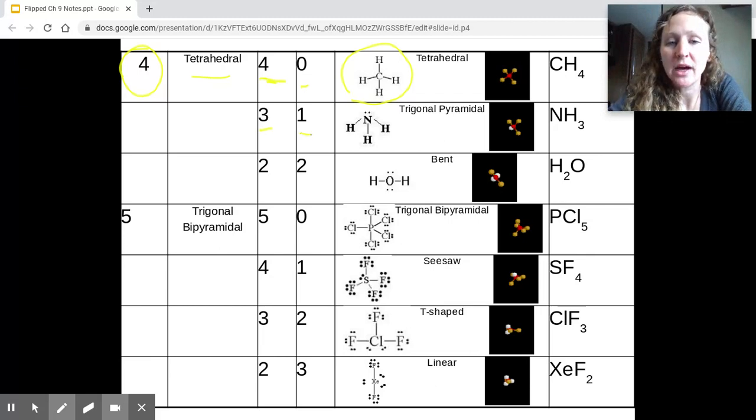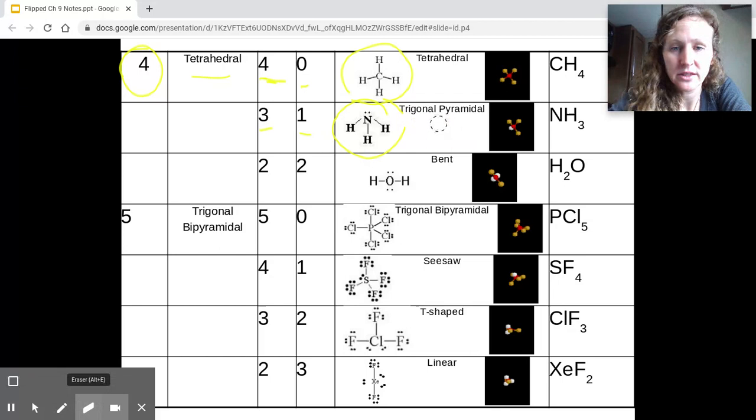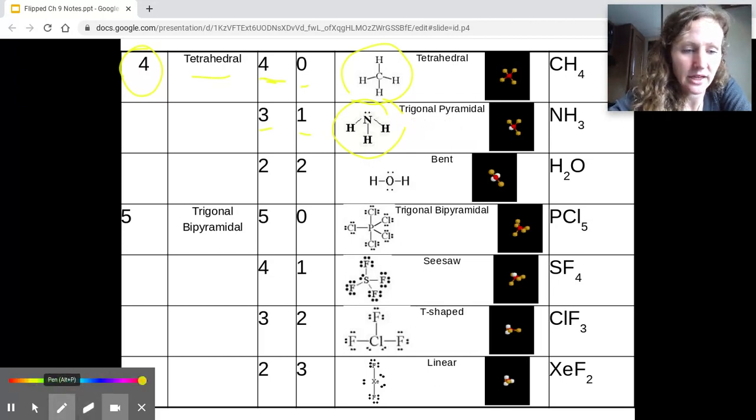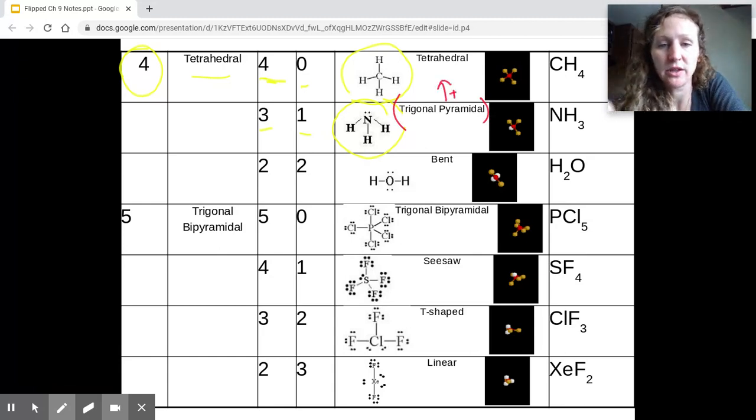If you have 3 bonding and 1 non-bonding, like ammonia, if I ask you what shape that is, you can answer it's a tetrahedral shape. Sometimes it's also called a trigonal pyramidal shape. So these little names here are also known as, so they can be a tetrahedral, or they can also be known as a trigonal pyramidal.